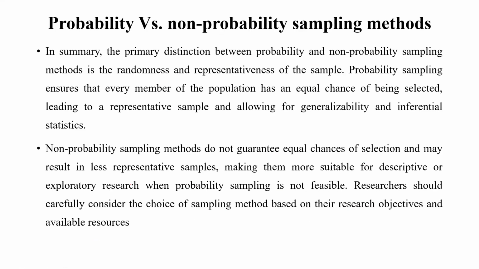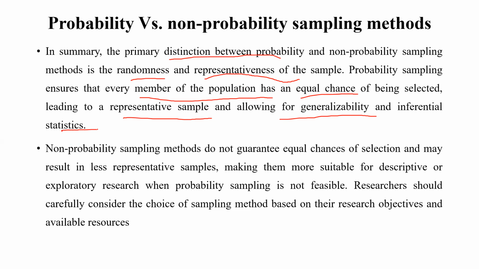So, probability versus non-probability: if questions come to distinguish between probability and non-probability sampling methods, then we can say the primary distinction is the randomness and representativeness of the sample. Probability sampling ensures that every member of the population has an equal chance of being selected, leading to a representative sample, allowing for generalizability and inferential statistics.